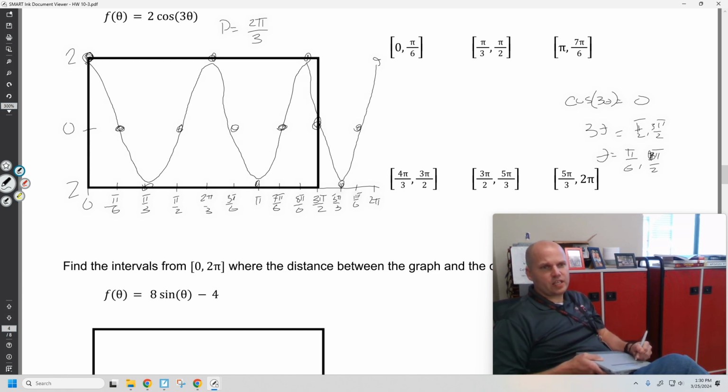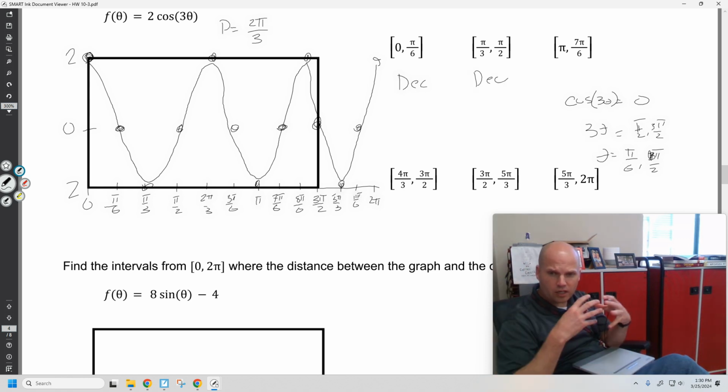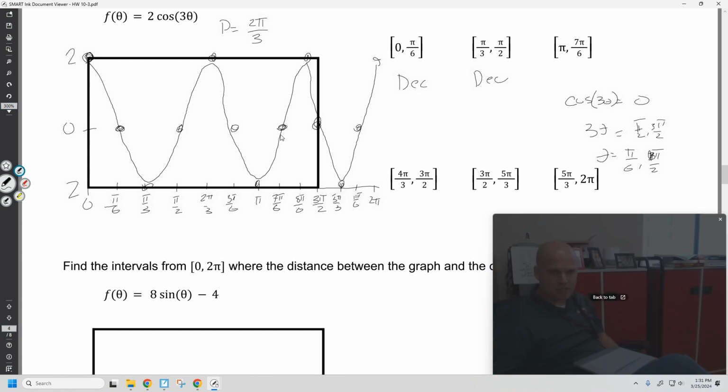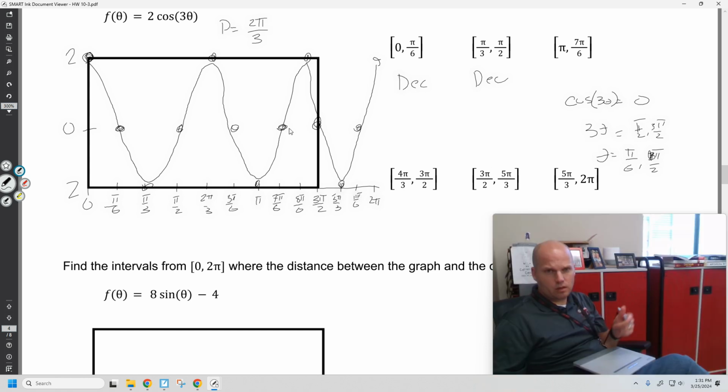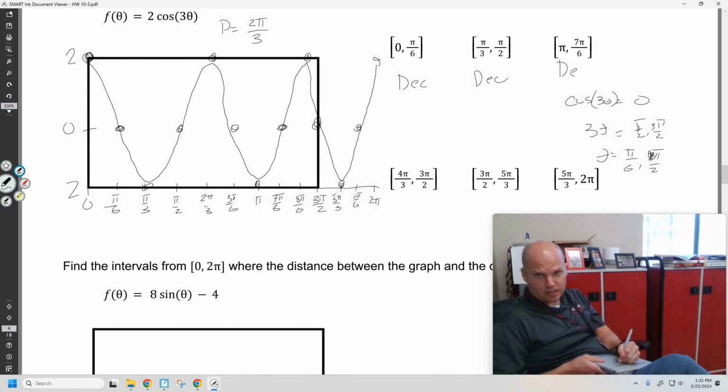From 0 to pi over 6, positive radius going closer to 0, decreasing. From pi over 3 to pi over 2, negative radiuses that are getting closer to 0, getting closer to the origin. Distance is decreasing. Pi to 7 pi over 6, same thing, decreasing.